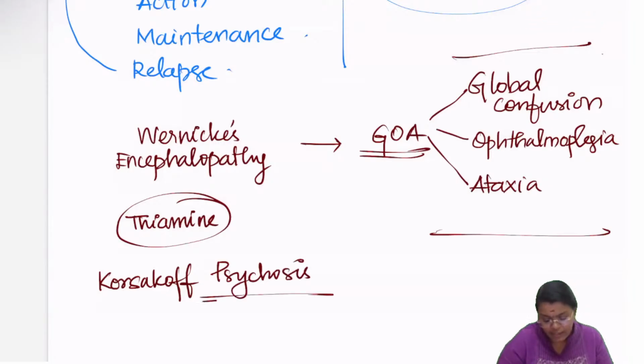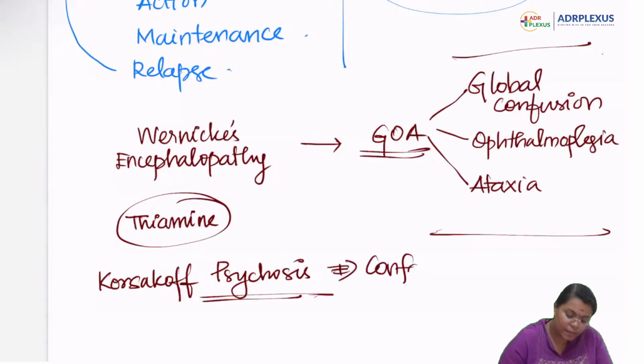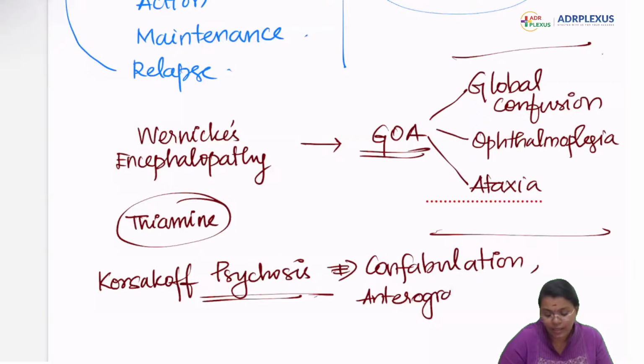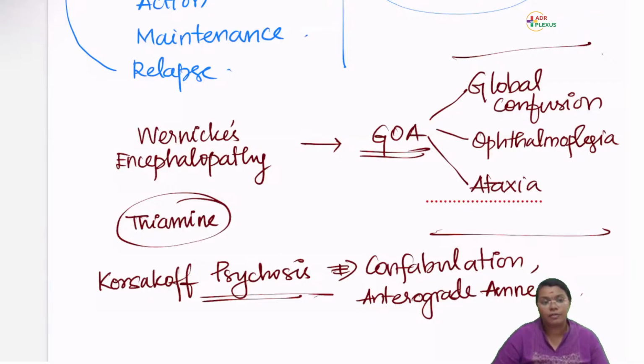It might have psychotic symptoms, plus it has confabulation, right? And why confabulation? Because of anterograde amnesia. Okay, so these are some of the very important topics from alcohol, which are frequently asked.